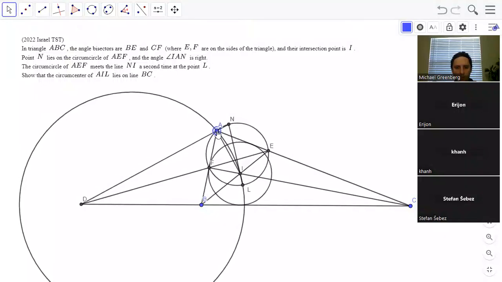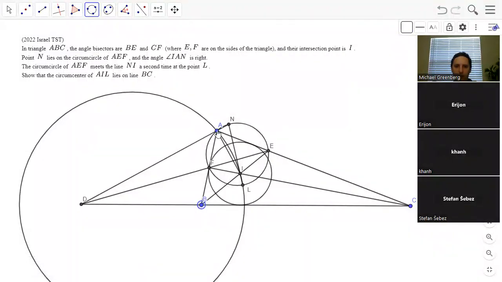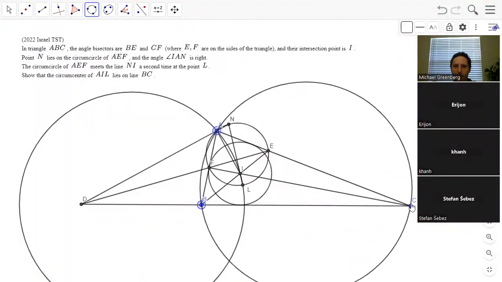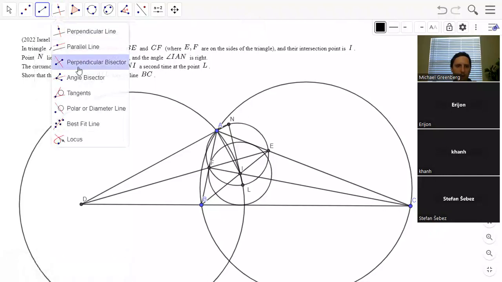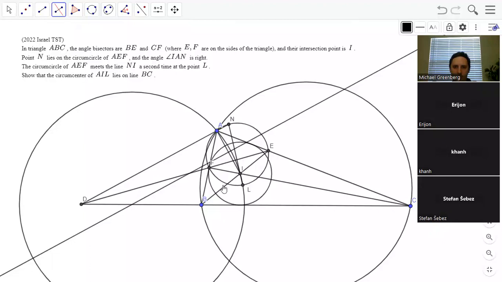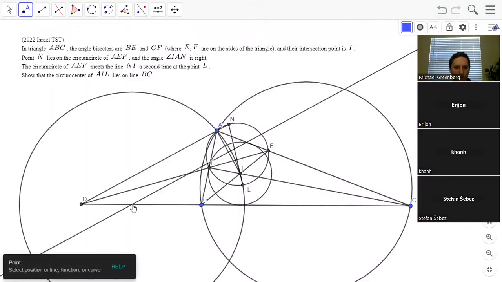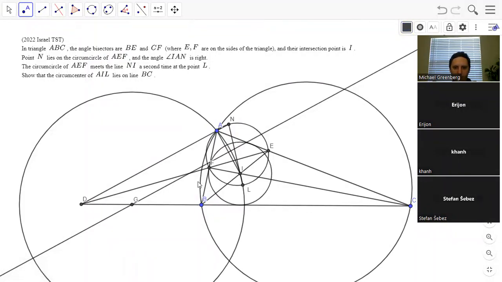So I think I want to let the perpendicular bisector of AI meet BC at a point, because then we could use, I like the idea of using the incenter-excenter lemma. Basically, if we draw the perpendicular bisector of AI, I wonder if GL is tangent.